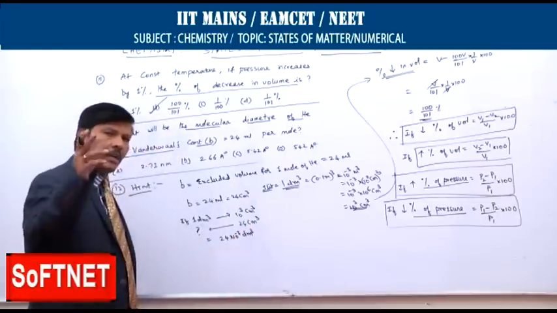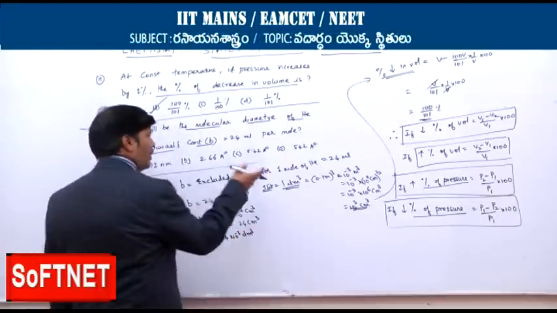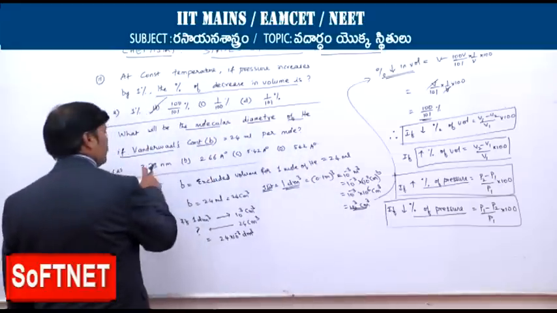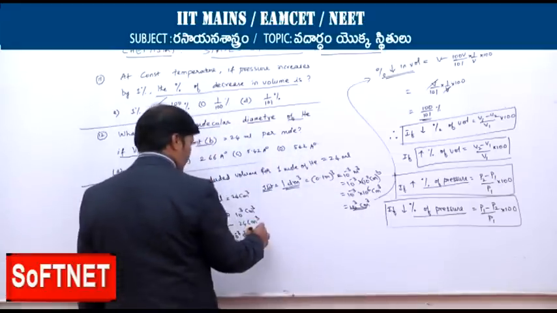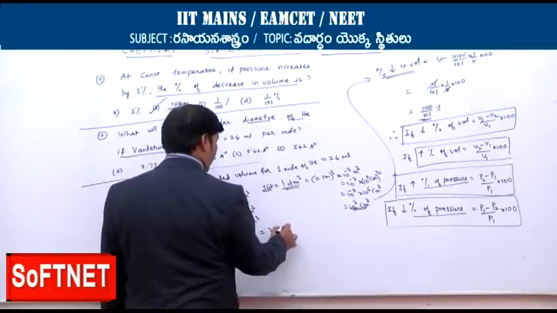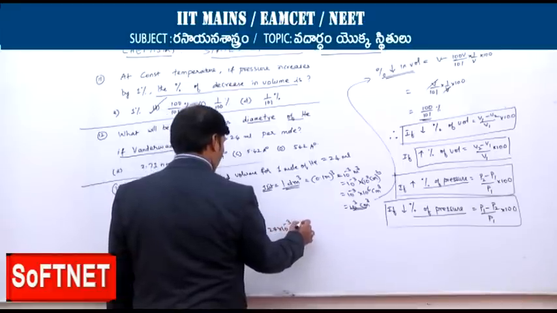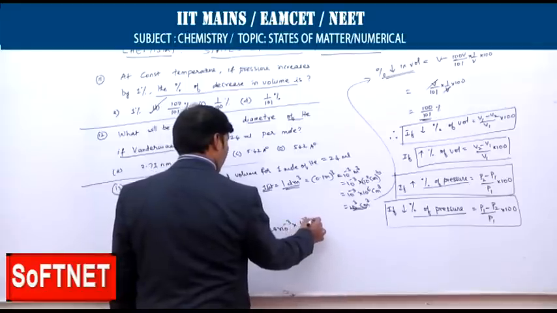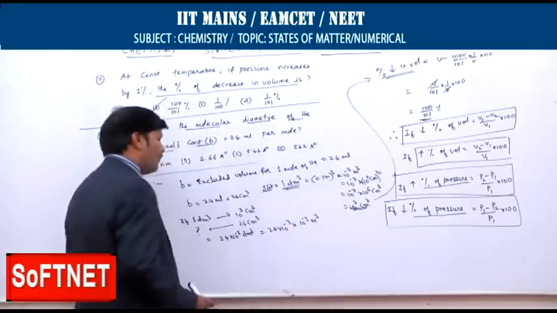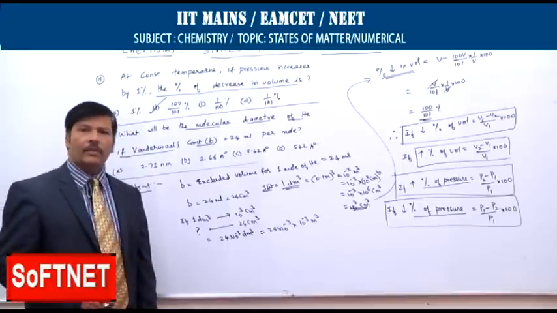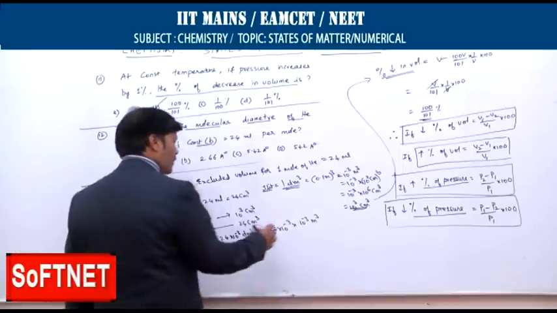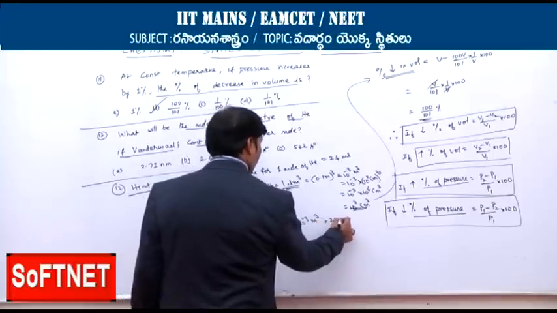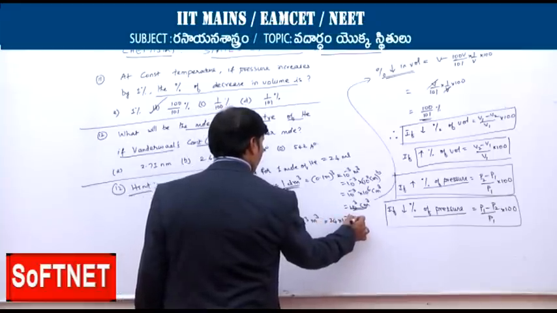Again I will convert this to meter cube, because the answer is in angstroms. Since 1 dm cube is equal to 10 to the power of minus 3 meter cube, this becomes 24 into 10 to the power of minus 6 meter cube.